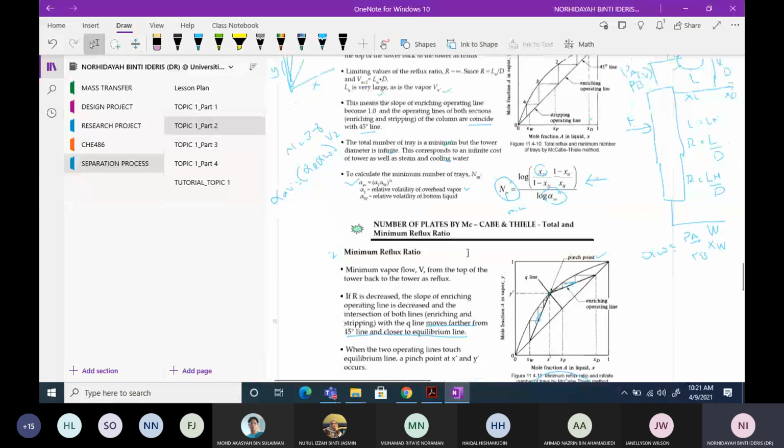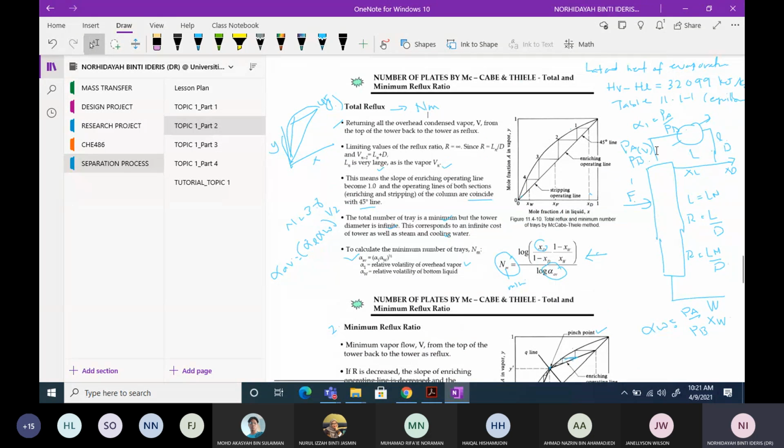Let's imagine that you have a system and you have a feed coming in, and the light boiling point components will change into vapor and go into the condenser. If it is total reflux, all the liquid phase will turn back into the column. But in the case of minimum reflux, most of the liquid will go to the distillate stream, the D stream.